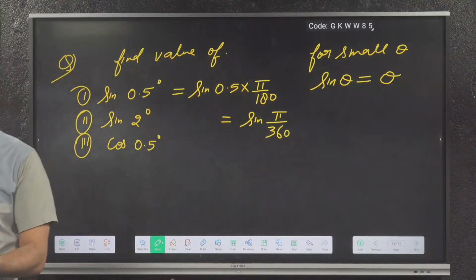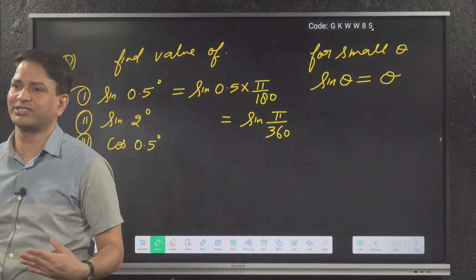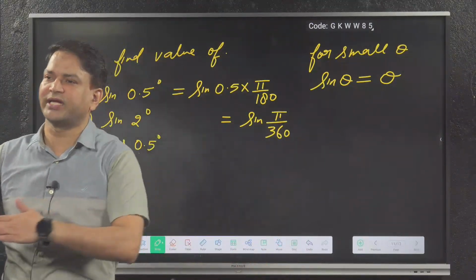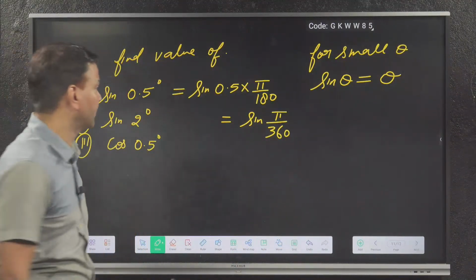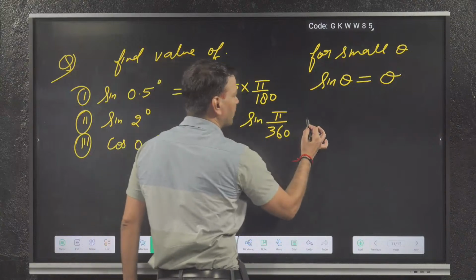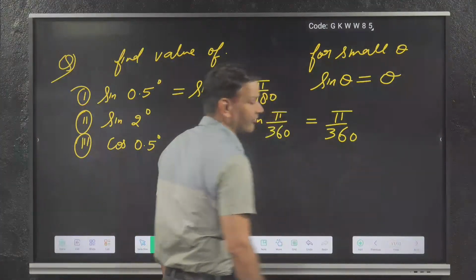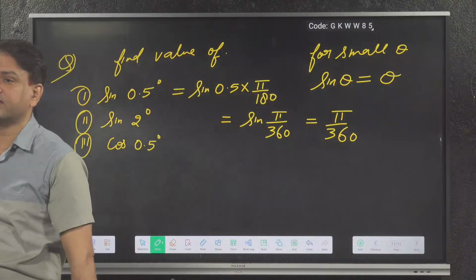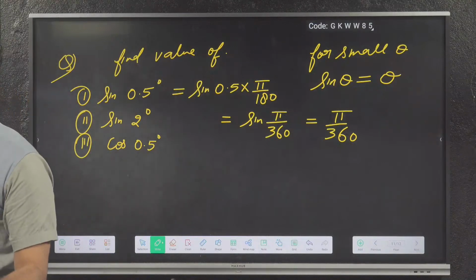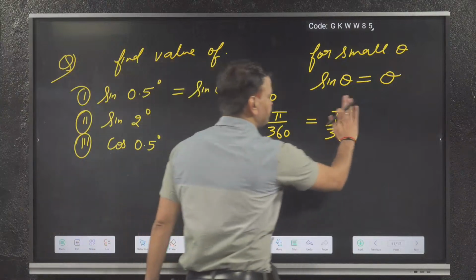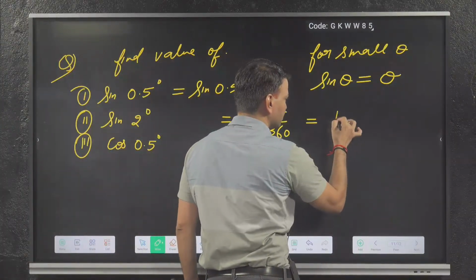So 0.5 degree converted into radian is pi by 360. Now sine theta is equal to theta, where theta has to be in radian. So the value of sine 0.5 degree is equal to pi by 360.